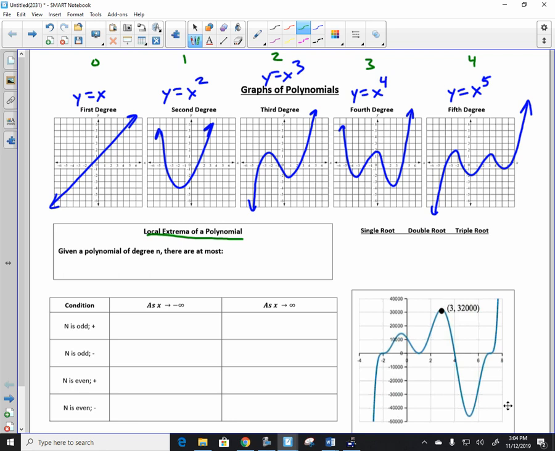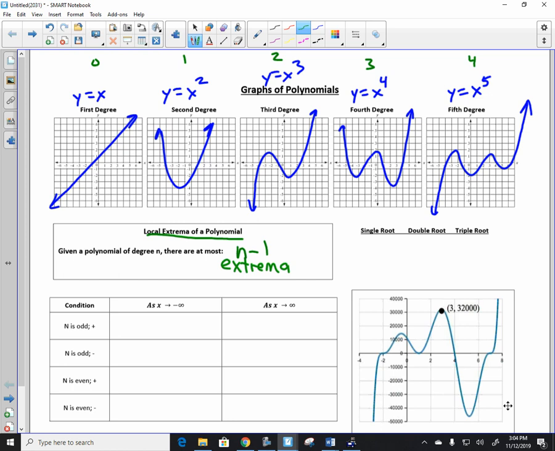Given a polynomial of degree n, there are at most n minus 1 extrema. So we call the extrema those bumps. They're either the maximums or minimums within that given set. And so we can predict the shape of the graph knowing that if there's a 6th degree equation, there's at most 5 of those bumps. Okay, so that's something that's important to see there.